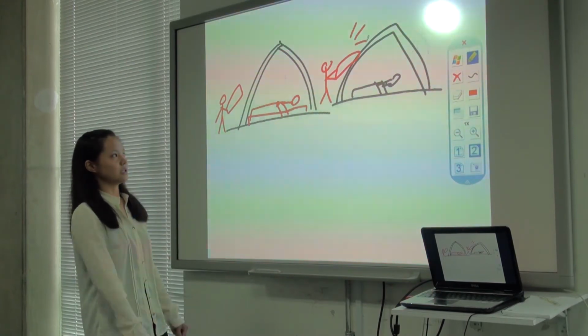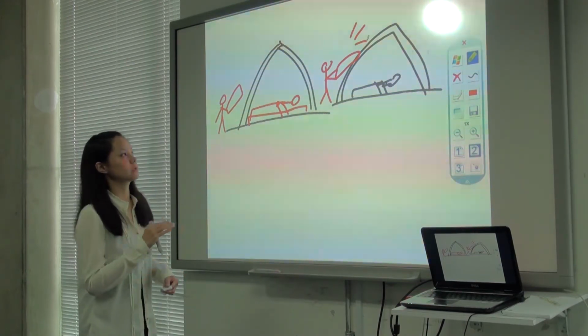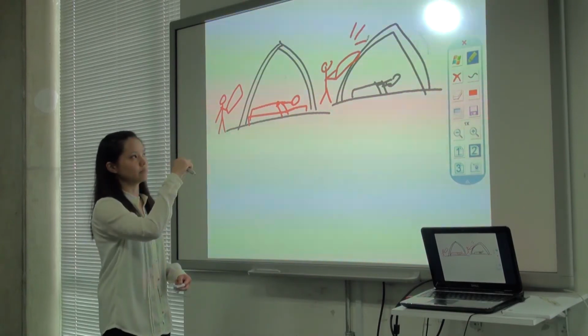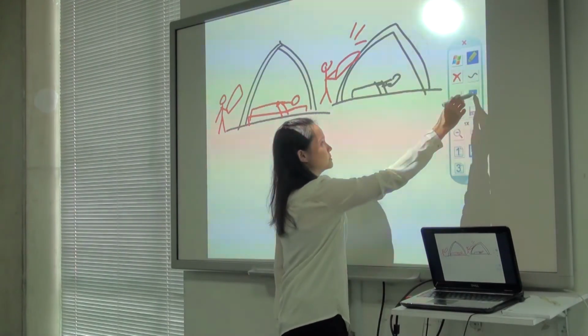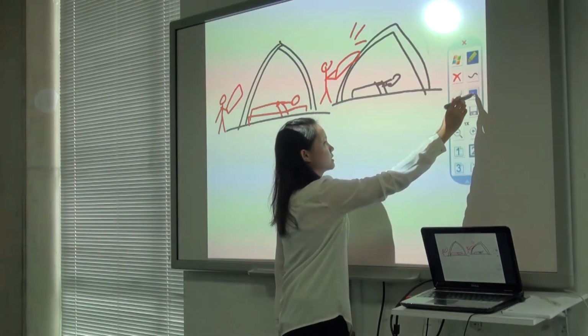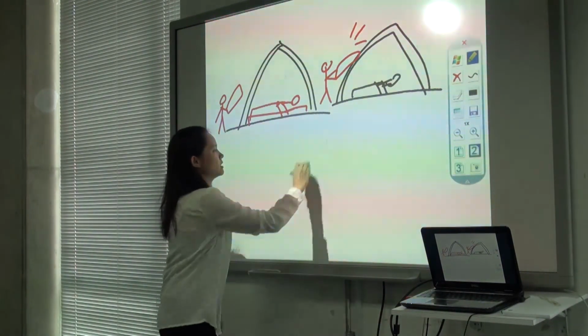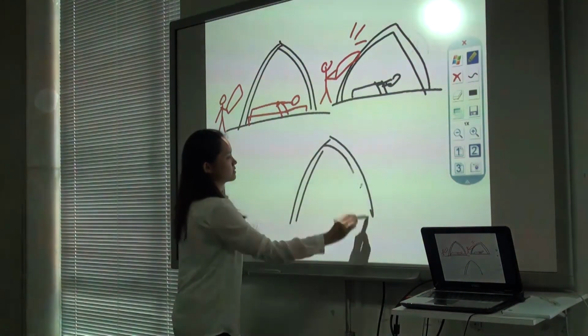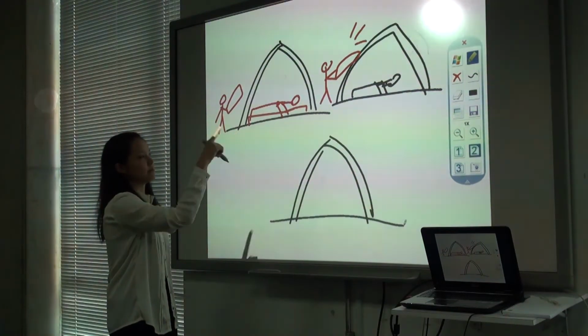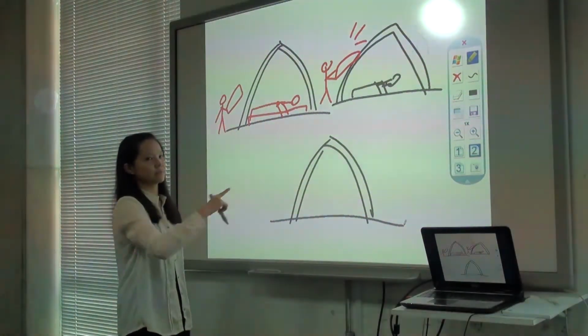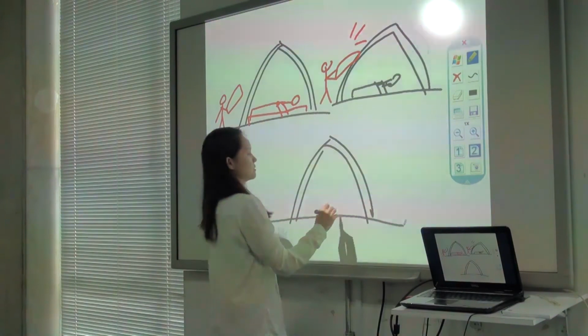But if this kind of responsive technology is incorporated into this tent, since it is responsive, it can detect people with bad intention trying to create some sort of danger to us.